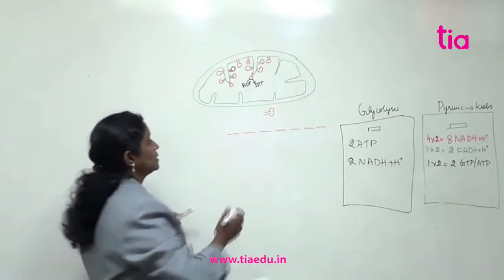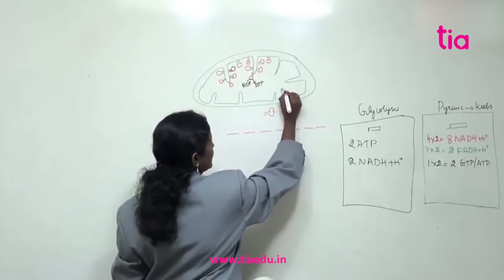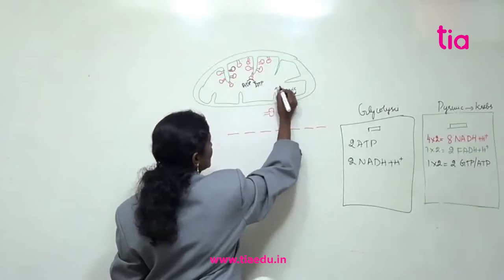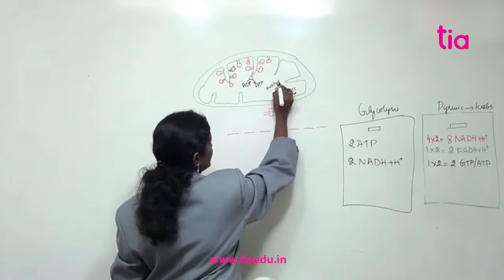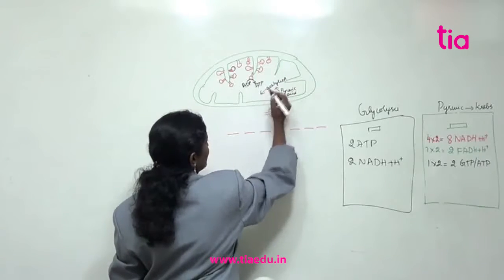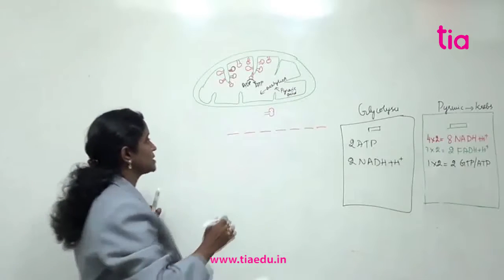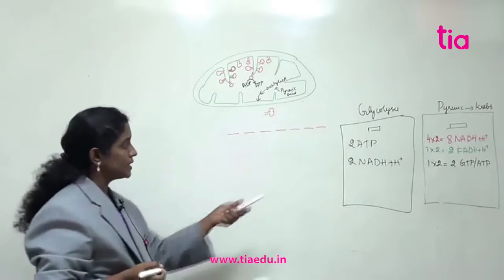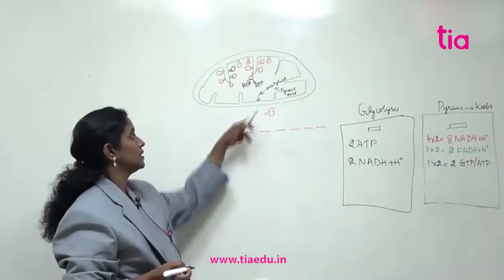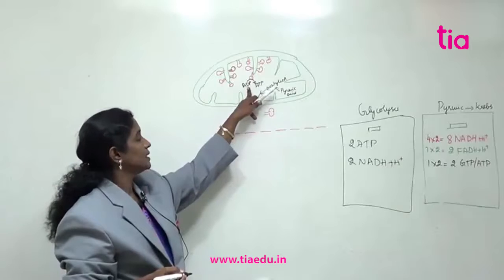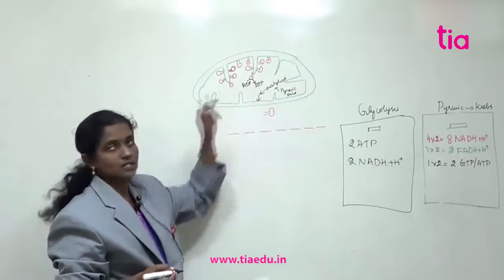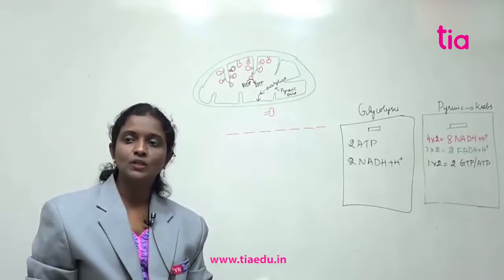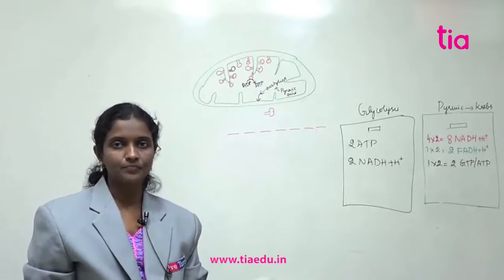Pyruvic acid came here and got converted to acetyl CoA. From the acetyl CoA it gave out carbon dioxide, and finally it is coming here and taking these NADs and FADs, and it is going to convert them into ATP. There is going to be a shift in which the reducing equivalents get converted to ATP. Are you all there?